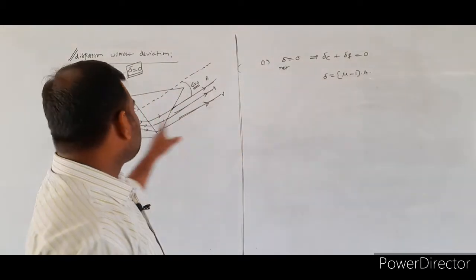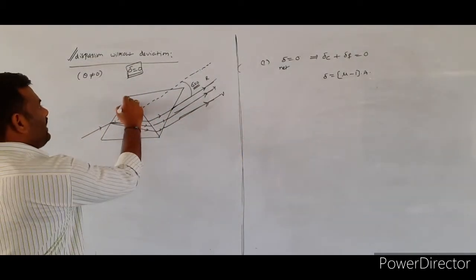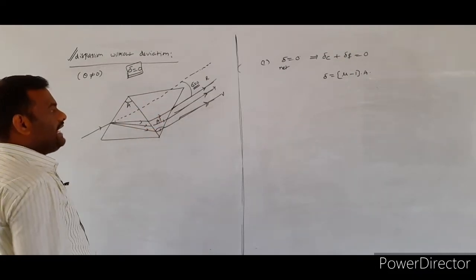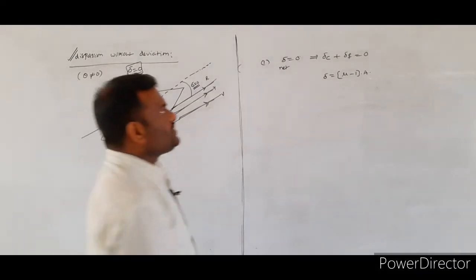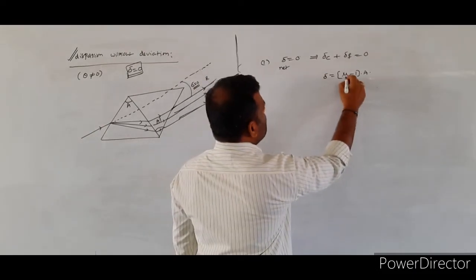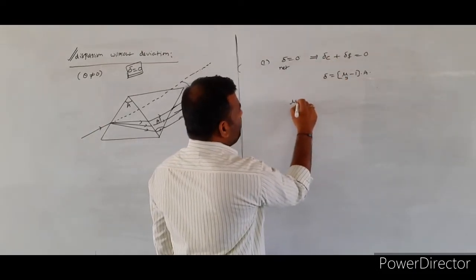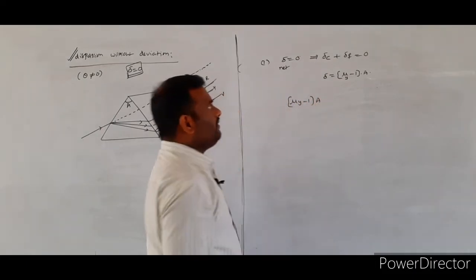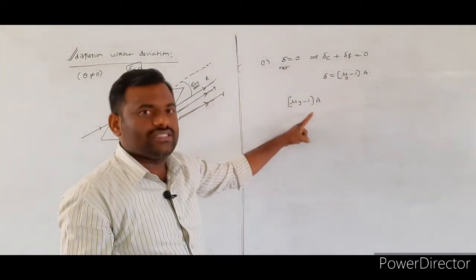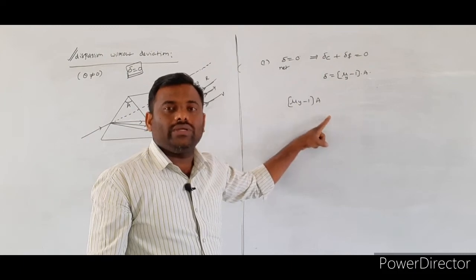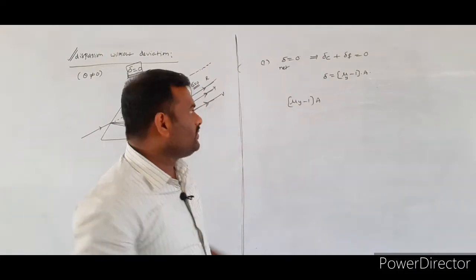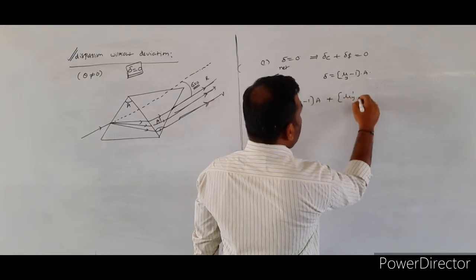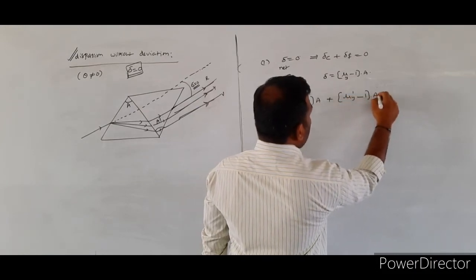So if you consider the crown glass, the angle of the prism is equal to A. For the flint glass, the angle of the prism is equal to what? A dash. So for the crown glass, the angle of deviation is equal to what? Mu y minus 1 into A, since yellow is the main color. Next, for the flint glass, this value is equal to mu y dash minus 1 into A dash.